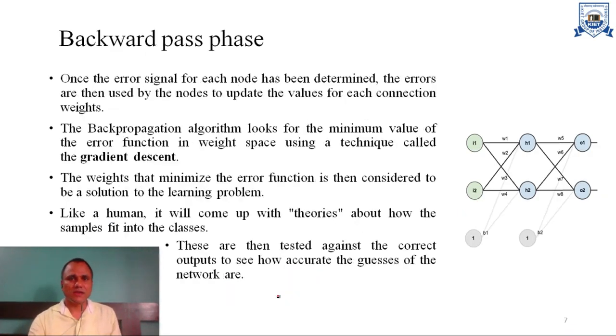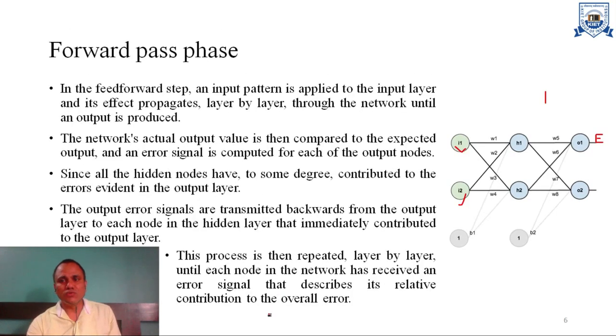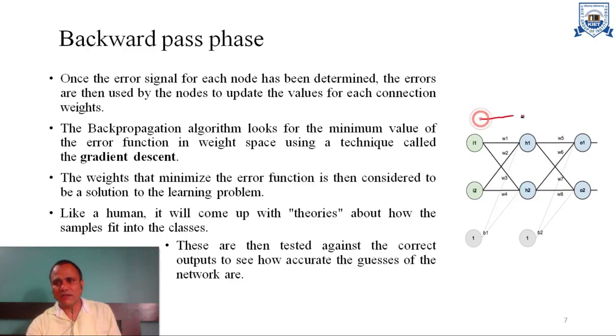In the same way we have a backward pass phase. Whenever the movement of the data or the working of the system is in a forward direction, it is called a forward pass phase. And once we are getting an error, and the error needs to be back propagated to the system, then it's called the backward pass phase, and that is calculated with the help of gradient descent.